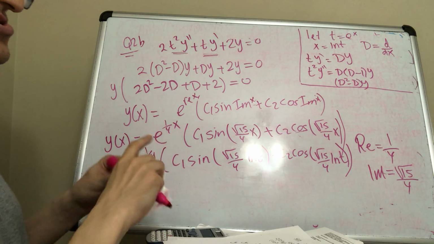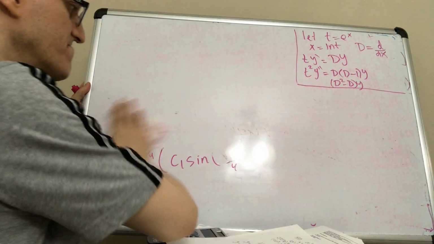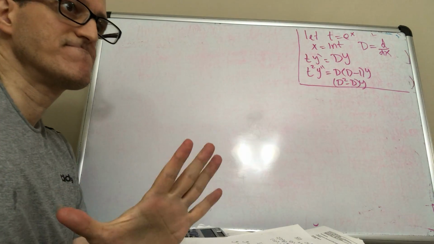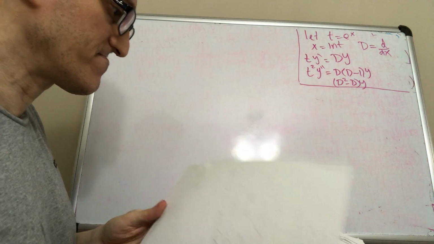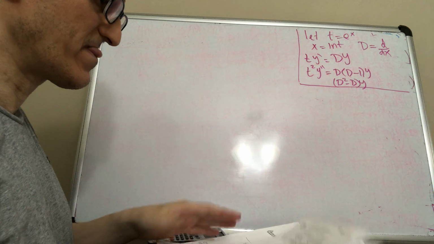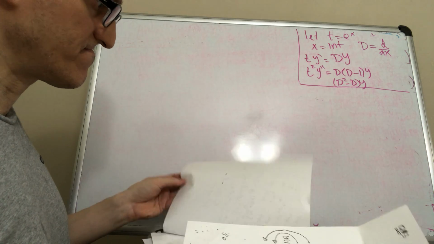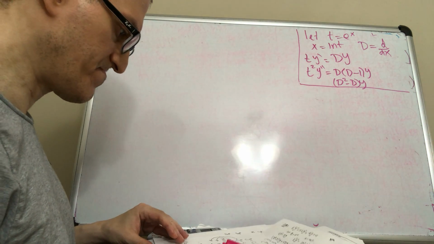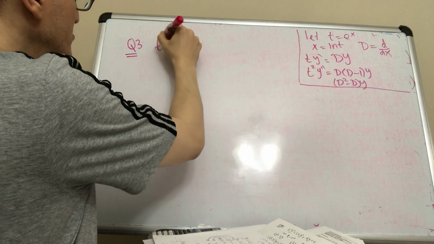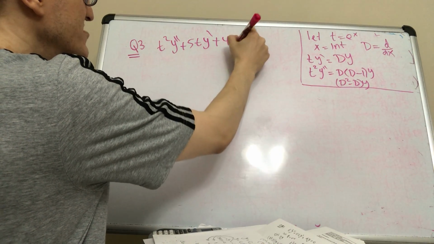Now the last question, question 3: t squared y double prime, minus y prime, plus 4y equals 0.